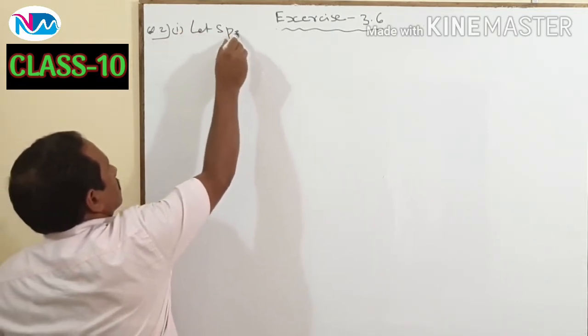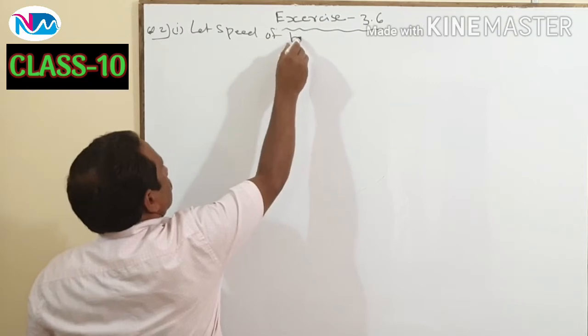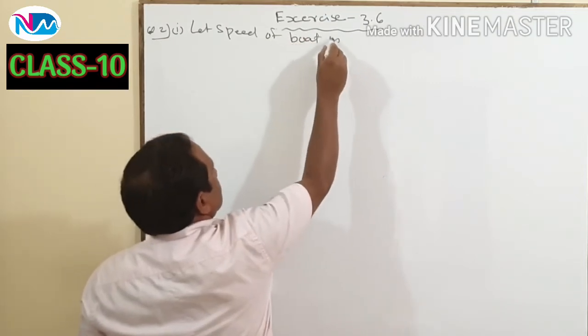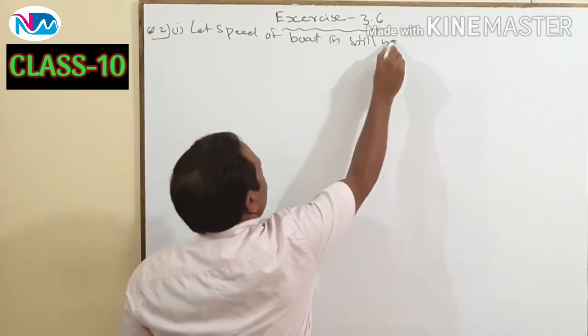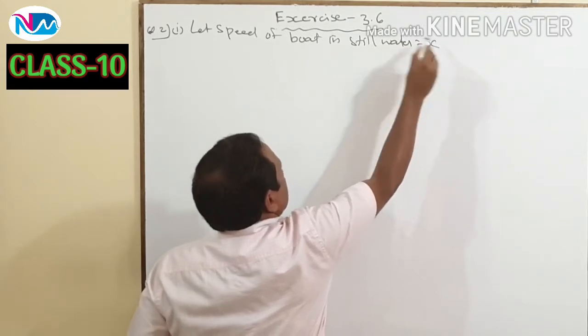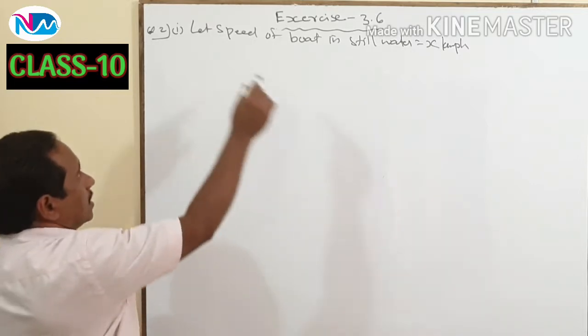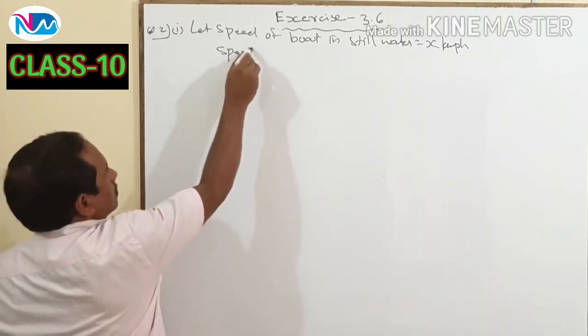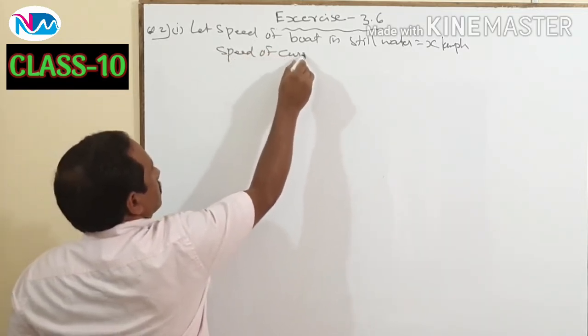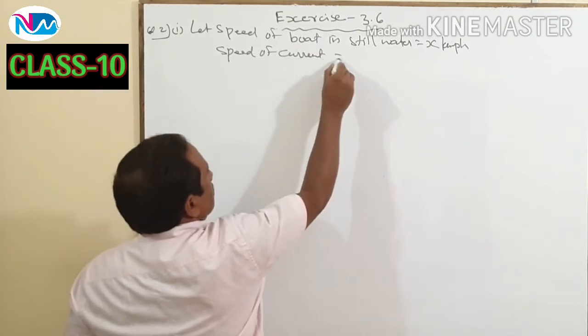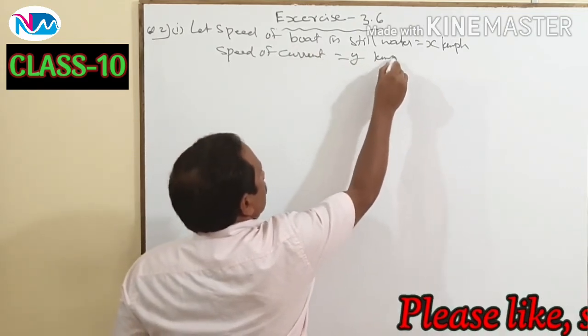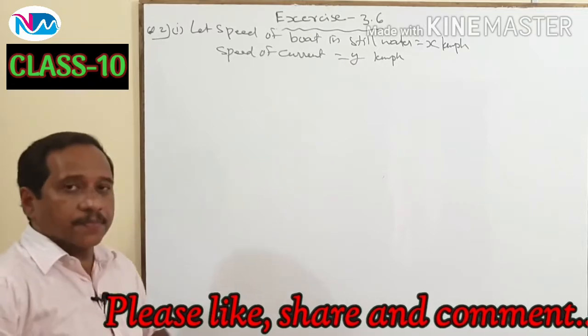Let speed of boat in still water be x km/h and speed of current be y km/h.